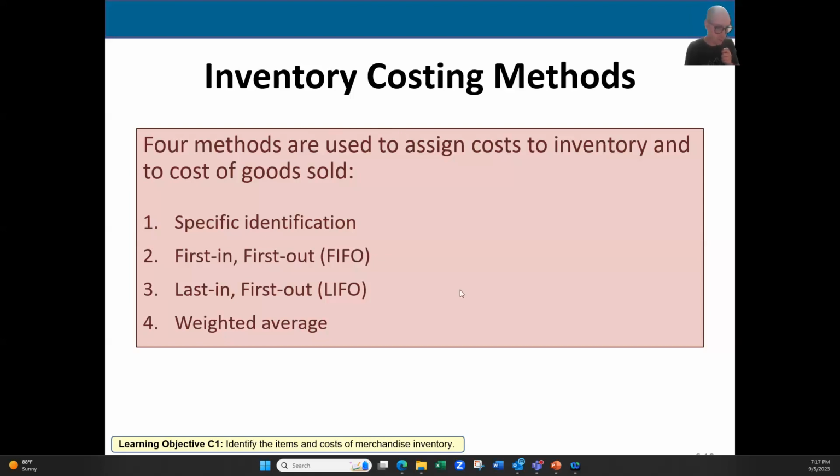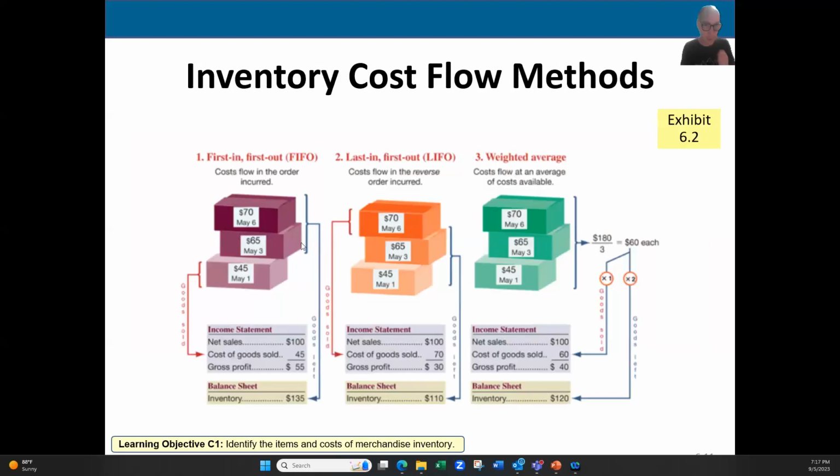This next slide helps me to very clearly explain the three methods: first in, first out, last in, first out, and weighted average. Specific identification, don't worry so much about that because it is unique. It's for very large products that have serial numbers or VIN numbers, and they're specific. Let's focus on these three.